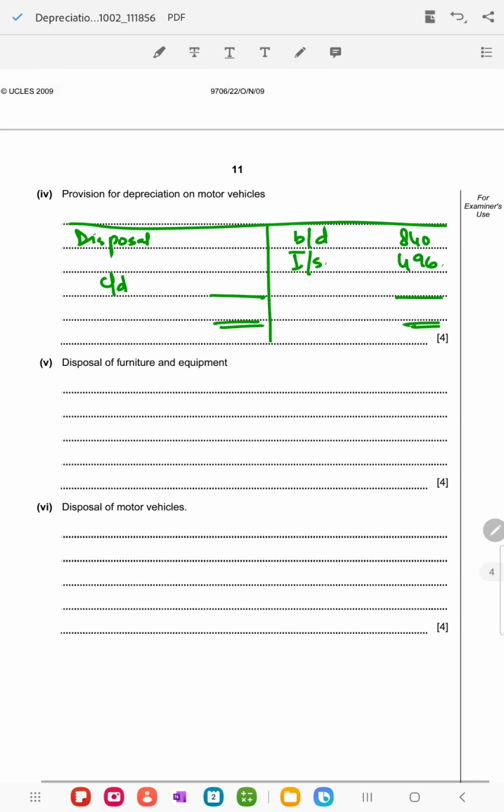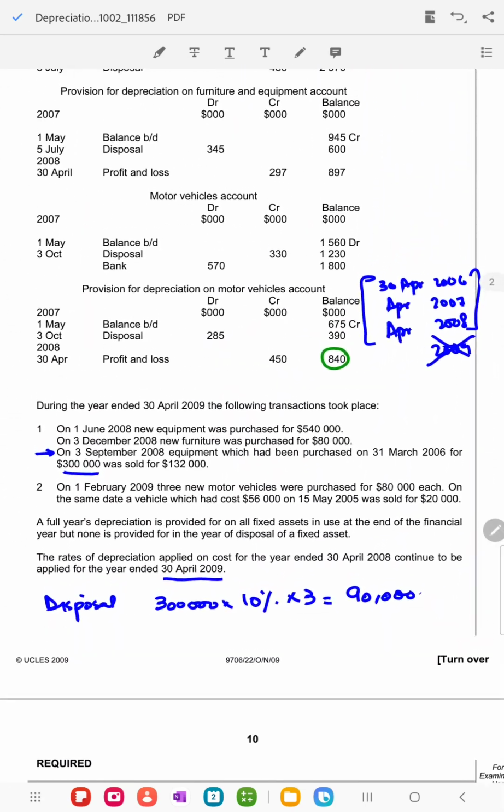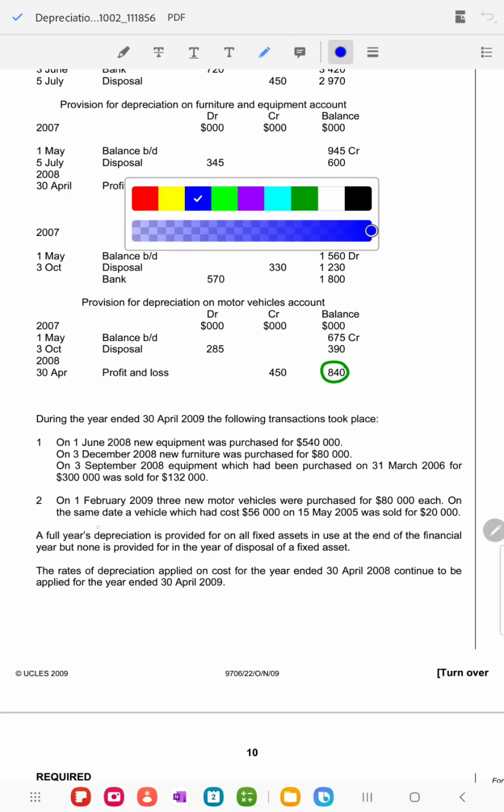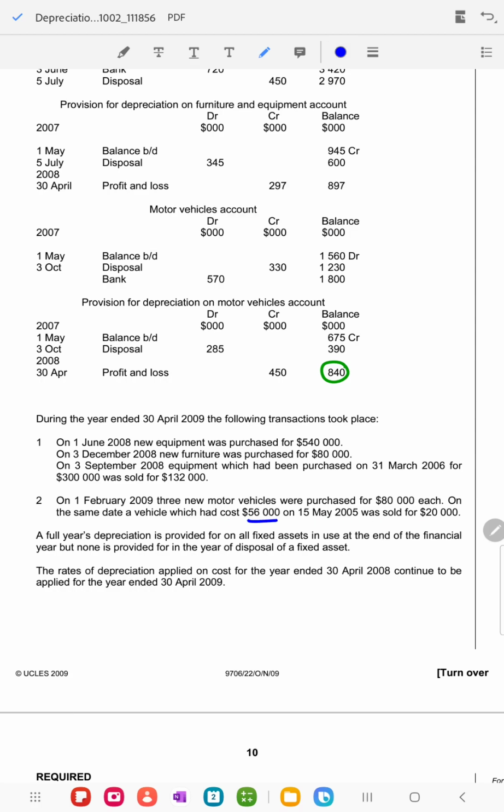Next thing, we have to go for disposal. So for the disposal amount, let's do it now. The asset had cost 56,000 and it was purchased on May 2005. So if I bought it on May 2005, that means my first year would end on April 2006, then April 2007, then 2008, and of course I will not charge anything for 2009 because this is my current year and the asset has been disposed of in this year.